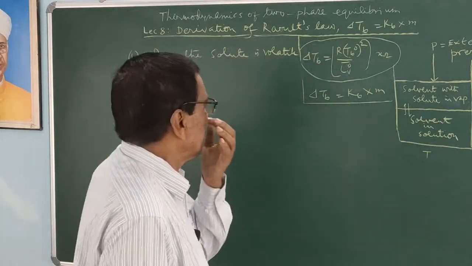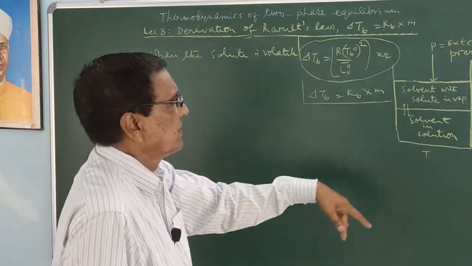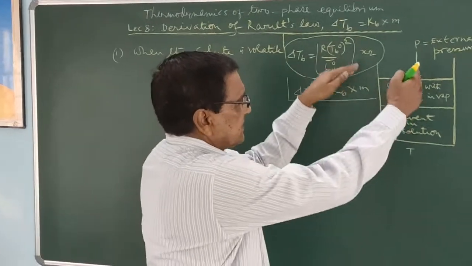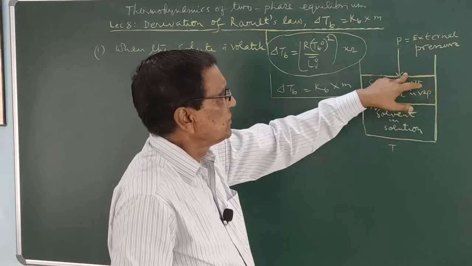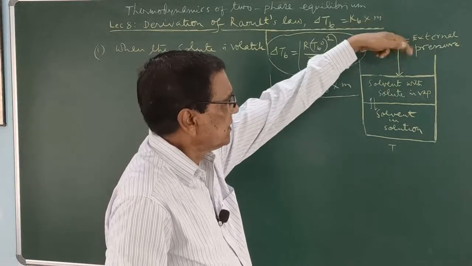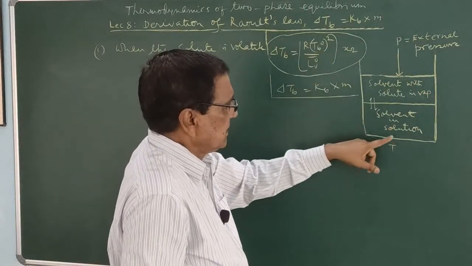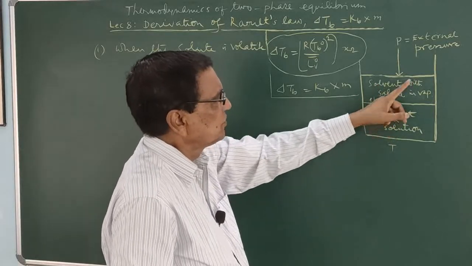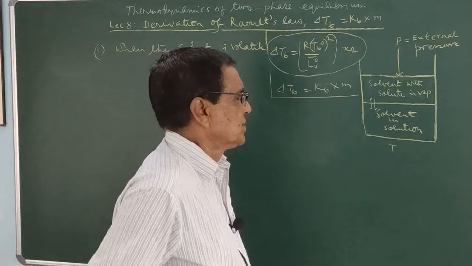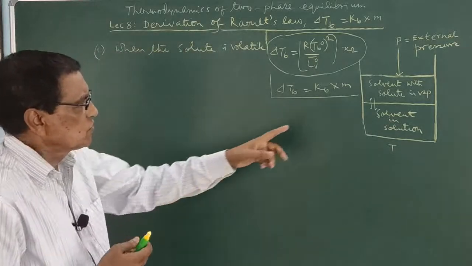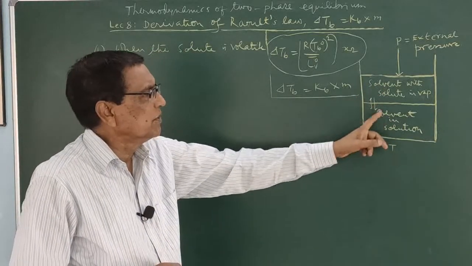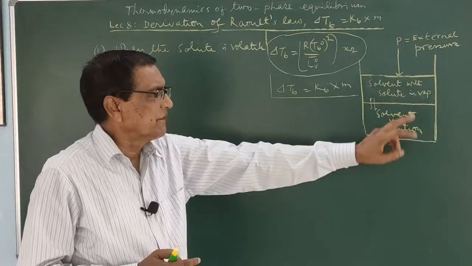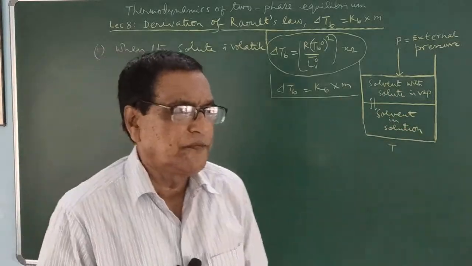So in this case, in this picture, I can show here it is a cylinder fitted with a piston. The piston is under pressure P, external pressure, and here is the solvent in solution. Here is the solvent in a mixture with this solute in vapor phase. So the solvent remains in equilibrium between the two phases. This is the vapor phase and this is the solution phase.